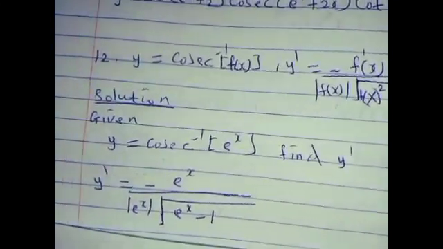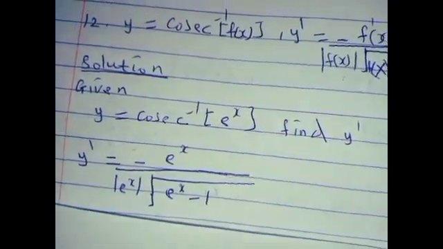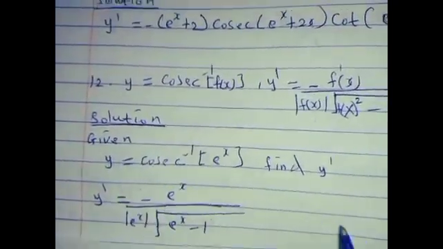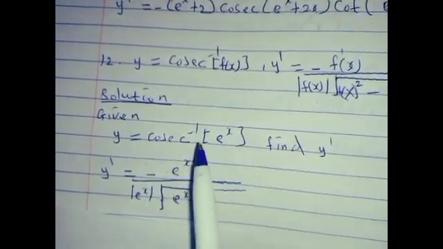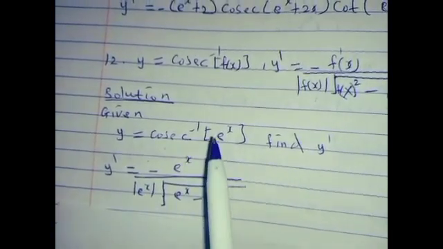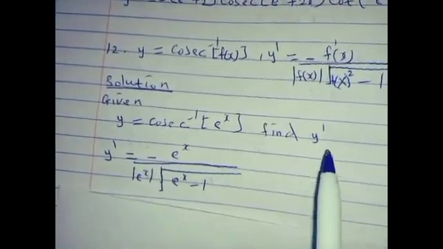So we consider this example here. Given y is equal to cosec inverse of exponential power x, find y prime.